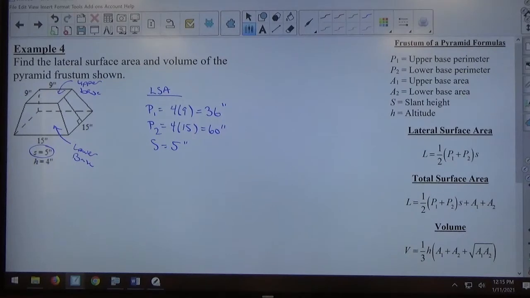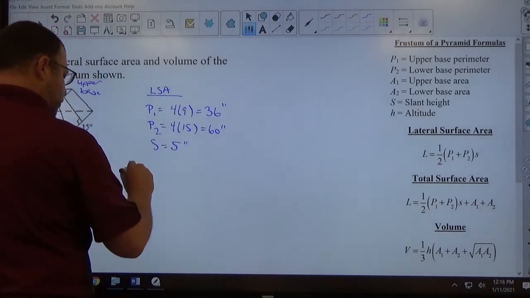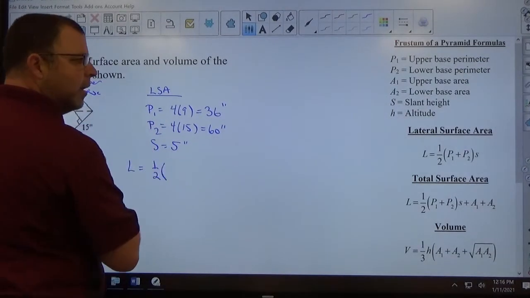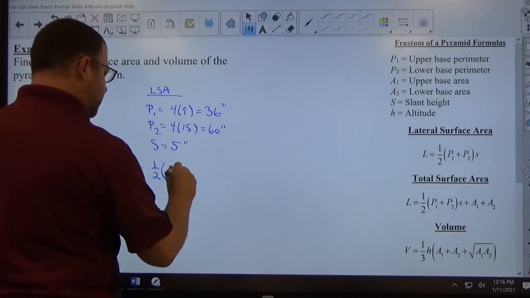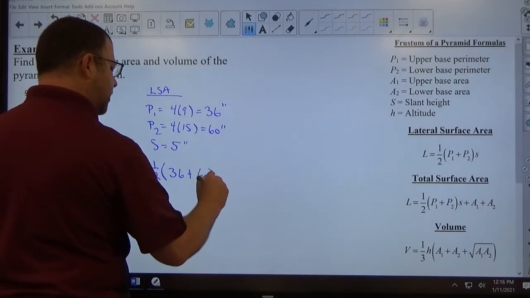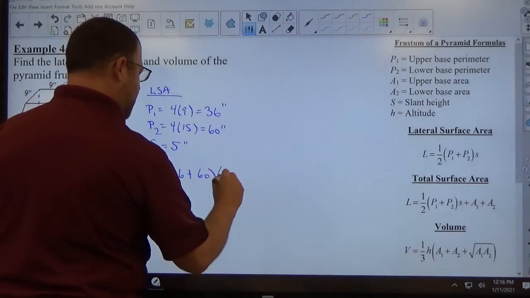So you want to identify those three values, and the perimeter just requires a simple formula: add up all the sides, or 4 times one side in the case of a square. And the lateral surface area formula is right there. We use it with these three numbers. So the lateral surface area is equal to 1/2 times P sub 1, which is 36, plus P sub 2, which is 60, times the slant height, which is 5.